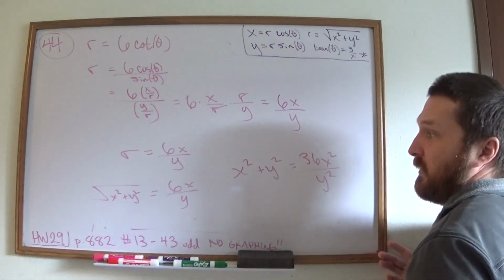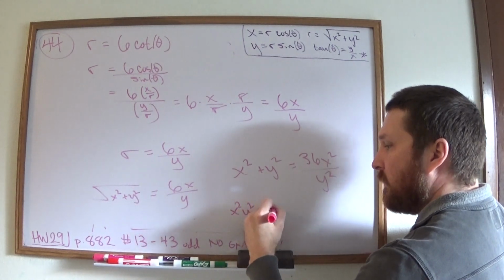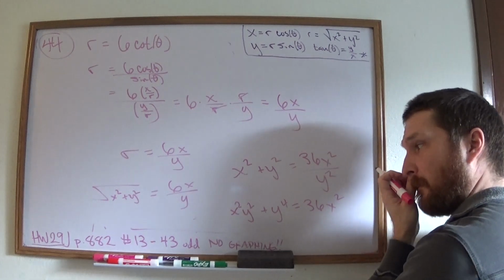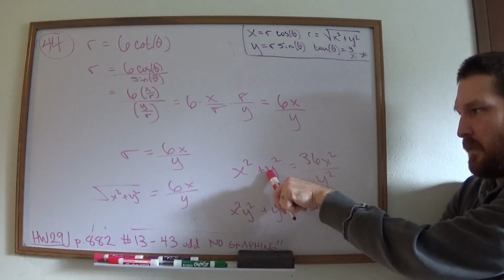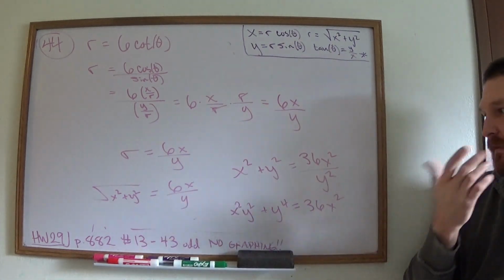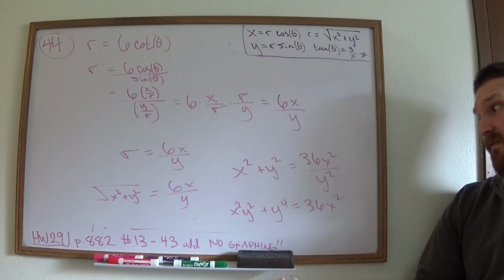I guess you could keep going from there and say x squared y squared plus y to the 4th equals 36x squared. Is that what they're looking for? I have to check the back of the book.